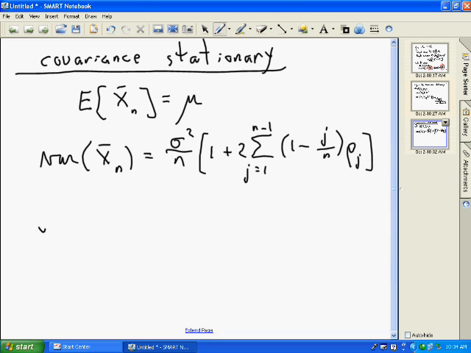Let me give you another formula. Hats usually mean an estimator.